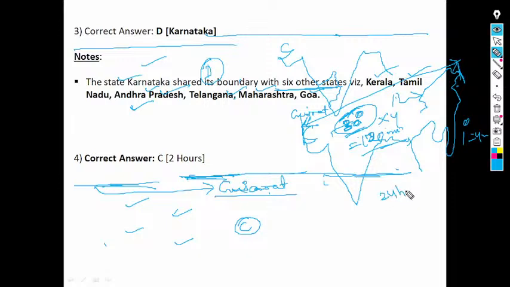The Earth takes 24 hours for one complete revolution of 360 degrees, so 1 hour is equal to 15 degrees.